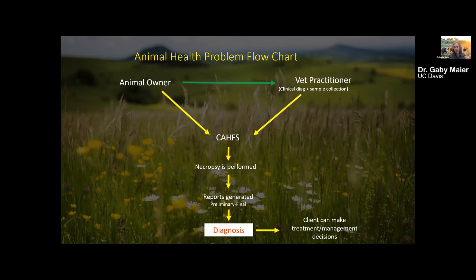There may be bacteriology or virology or whatever test they think is necessary, and they can take some time. And so you will get follow-up reports until everything is concluded, and then hopefully a diagnosis is made. Based on that diagnosis, you can use that information to instigate maybe treatment for animals that are alive and sick, or you can change your management so that this disease does not occur in the future.